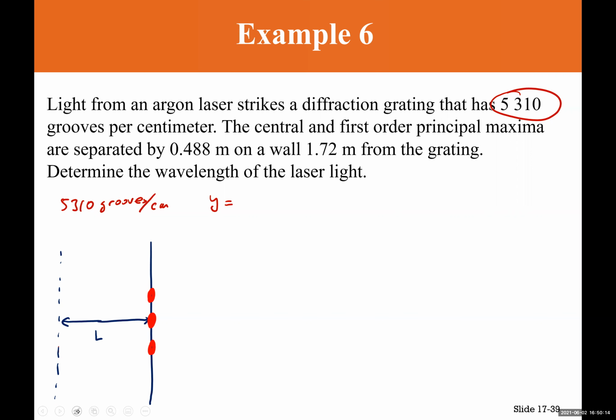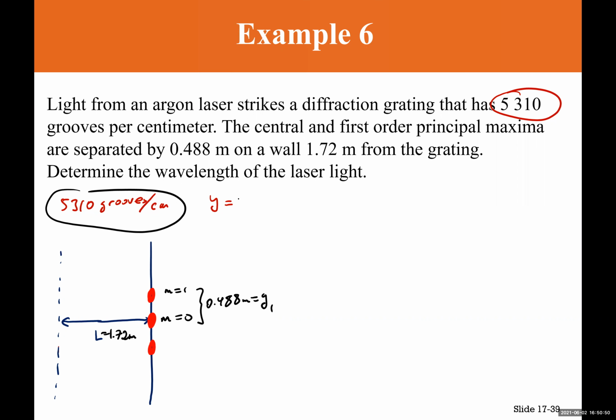That means this is m equals 0, this is m equals 1, and the distance between them is given as 0.488 meters, which is y1, the position of the first maximum relative to the central one. And L is 1.72 meters. The information about grooves gives us a way of finding d, the distance between the slits. Again, y is 0.488 meters.